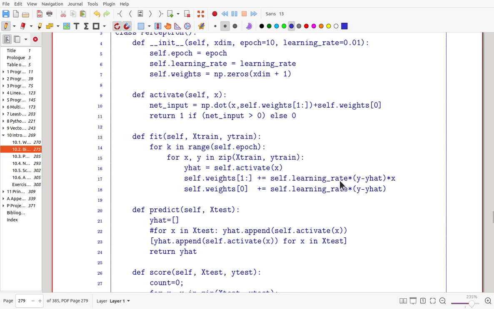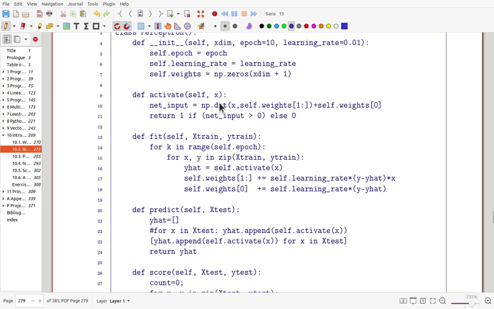By using exactly the formula, we compute the correction vector and the correction term for W0 and add them to the weights. So in each iteration it is updated, and the next iteration will use the updated value. And automatically, it is shared in the function activate.